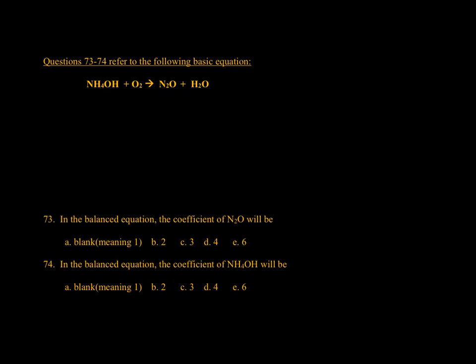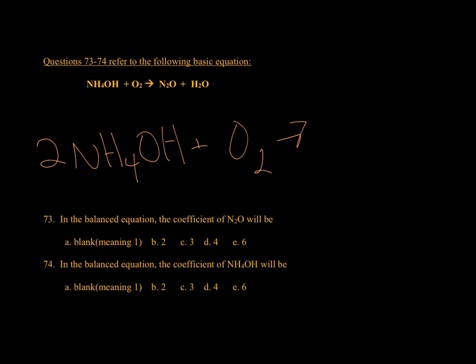Okay, so now we're going to balance this equation. And again, I'll write out the balanced version. Okay, so the balanced equation is 2 ammonium hydroxides plus 1 oxygen yields 1 N2O plus water.